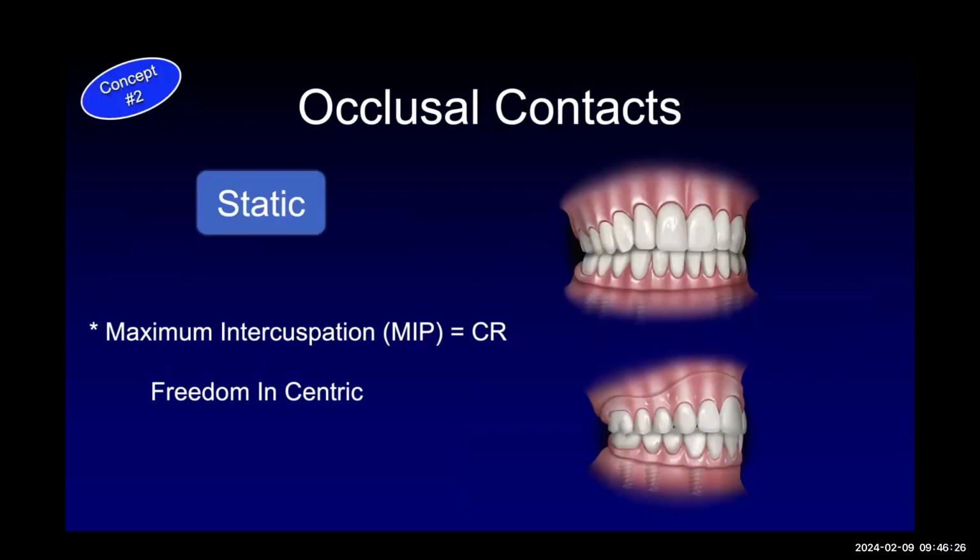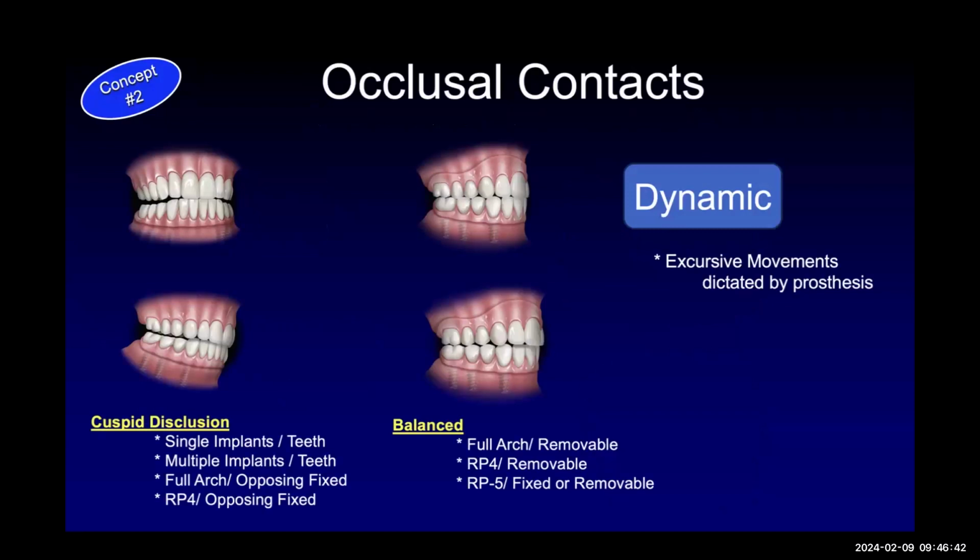When we look at contacts, occlusal contacts, there's 2 types. One is static. Okay, we know patient bites down. We want MIP to equal CR, or if not, we want freedom in centric. However, there's also dynamic contacts where we have excursive contacts, and that has to be different.